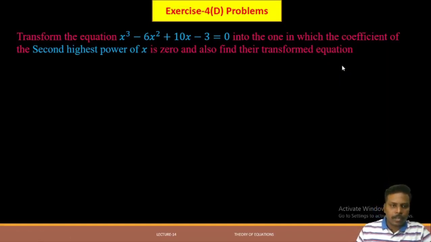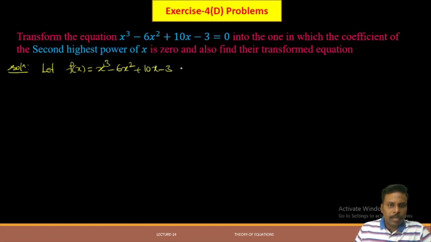Here is the solution. Let f of x is equal to x cube minus 6x square plus 10x minus 3 is equal to 0. So here n is equal to 3 and r is equal to 2.